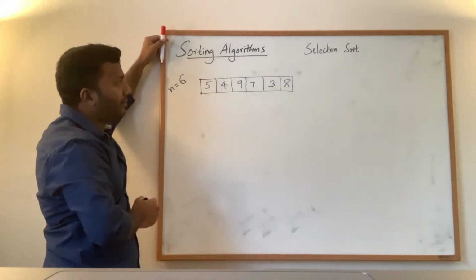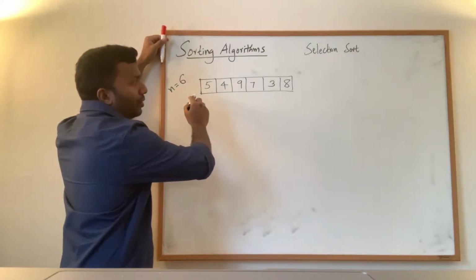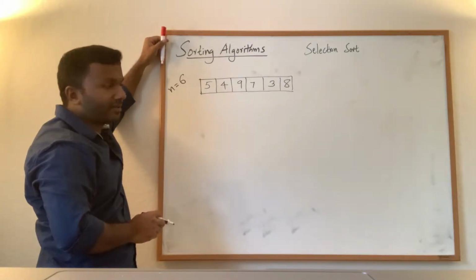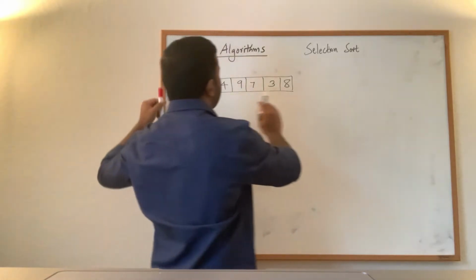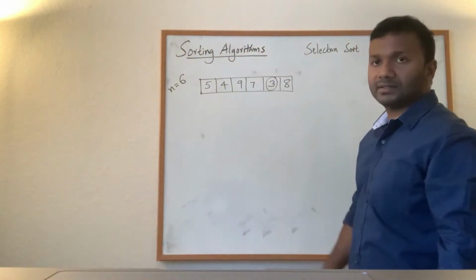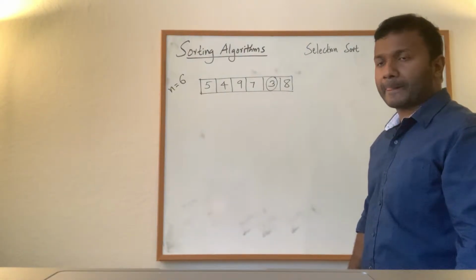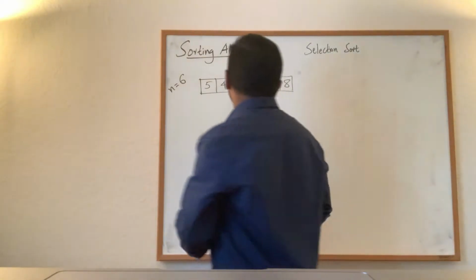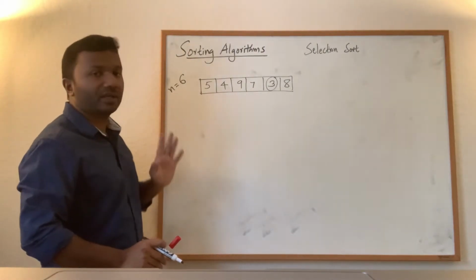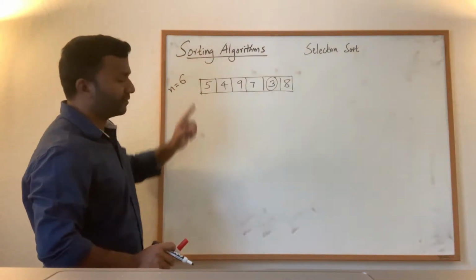In step 1, you will go through the entire array and find the smallest element, which is nothing but 3. Now, I know that at the end of the algorithm, 3 has to be at the first position.